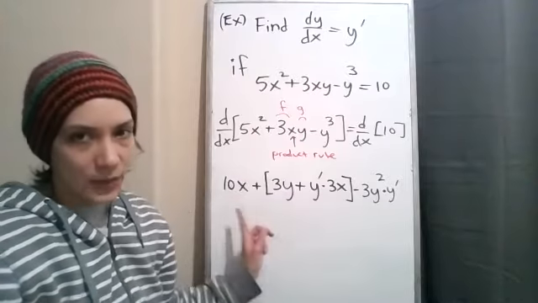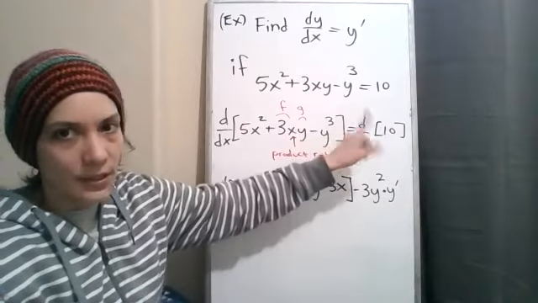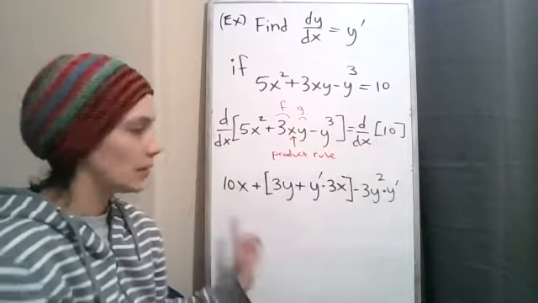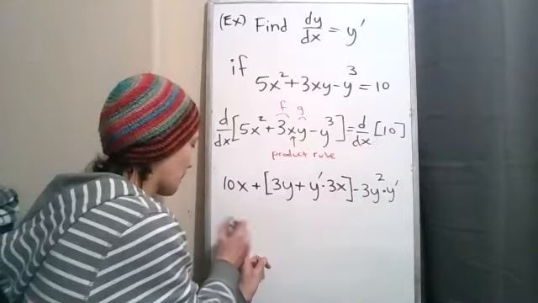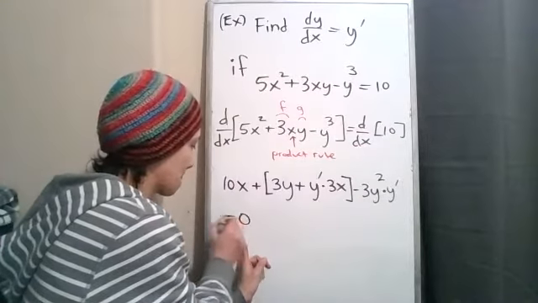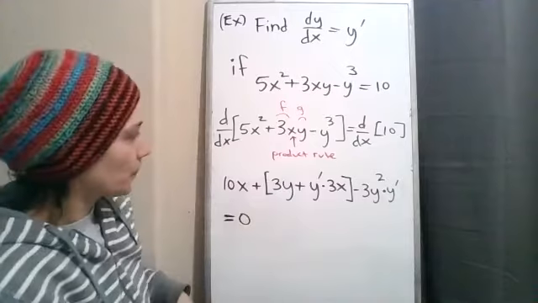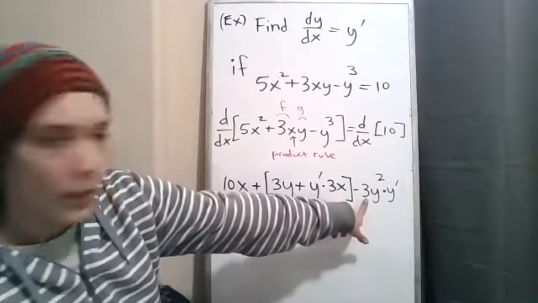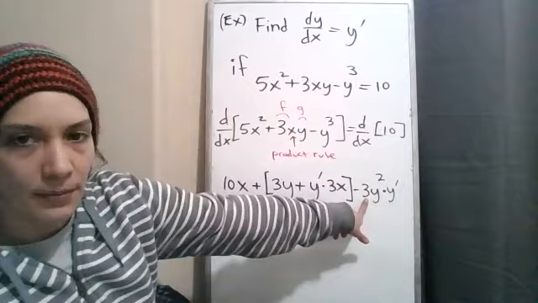All right, that was one side and is equal to the derivative with respect to x of the number 10. So it's all equal to 0. We are going to isolate y prime.